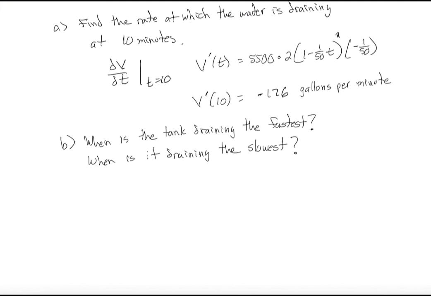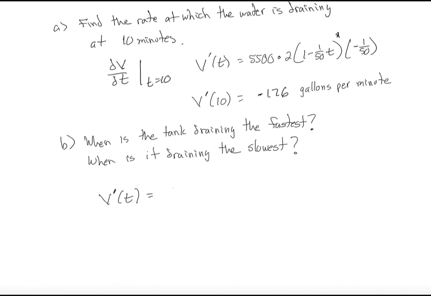Let's suppose letter B says, when is the tank draining the fastest and when is it draining the slowest? Now, when I think about this for a second, I'm looking for where V prime is the largest and where V prime is the smallest, and this is a pretty straightforward question. V prime is really just the equation of a line.